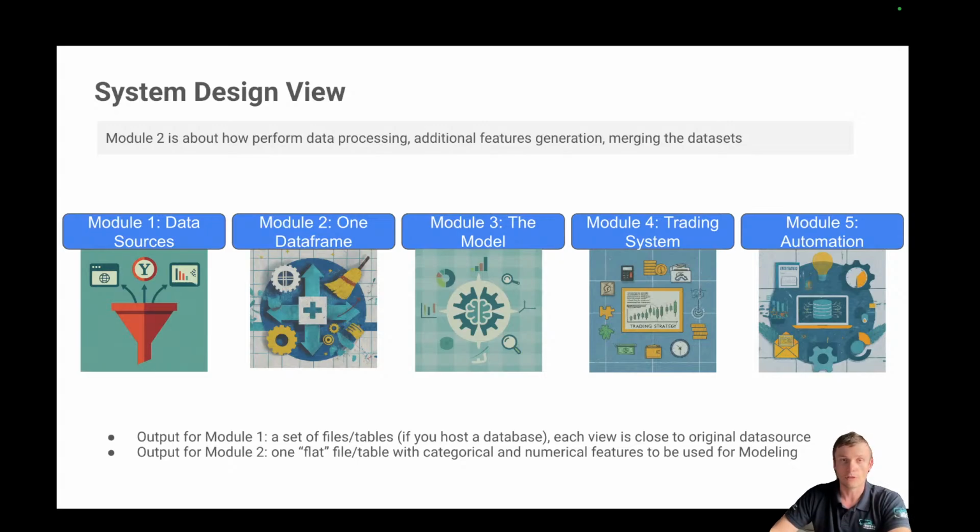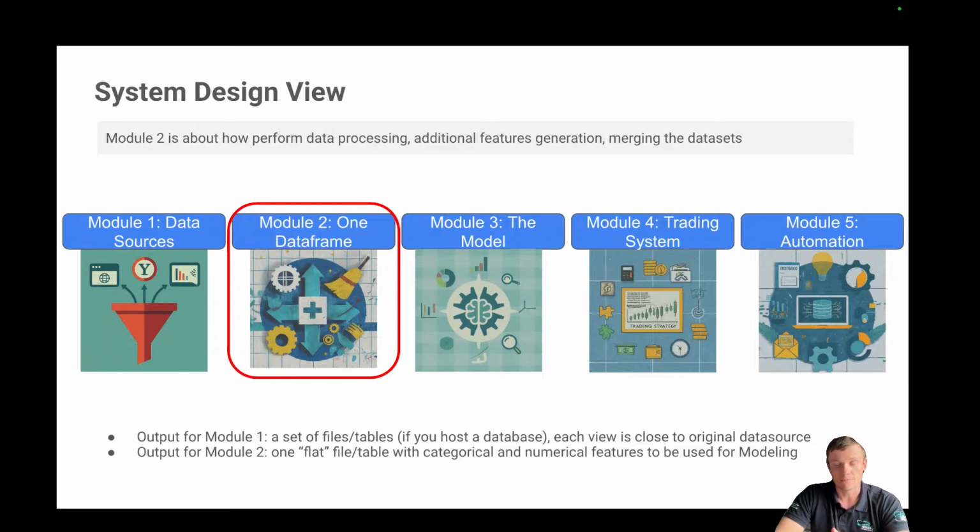So what system do we try to build? We talked last time about data sources. Today we will have mostly the same data sources. I will introduce just one new database, and as an output from the previous lesson, you should learn how to retrieve data from those data sources.